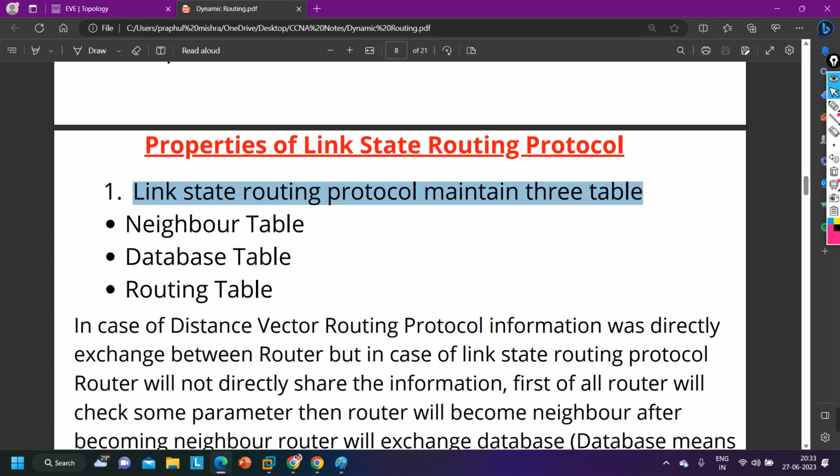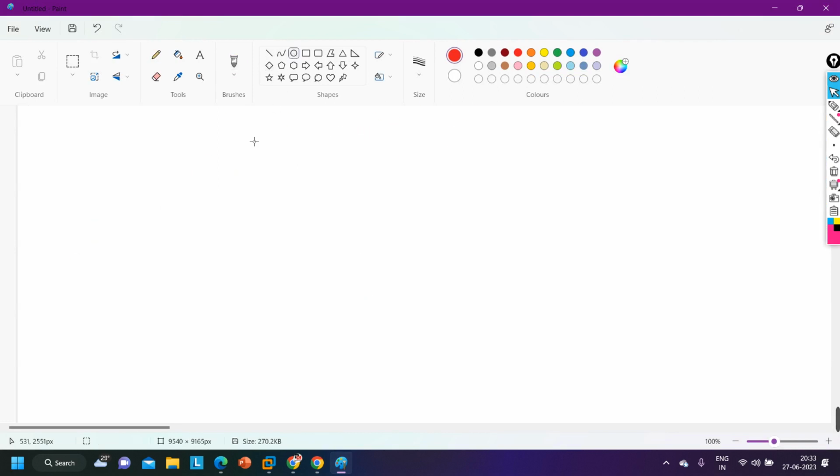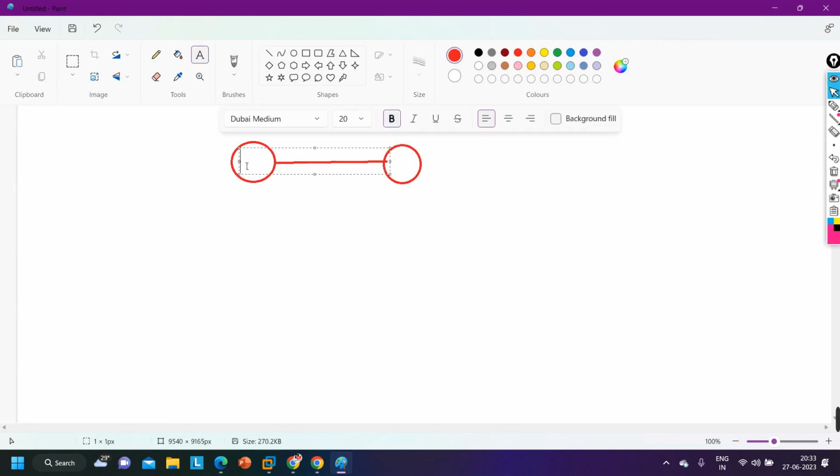Okay, so link state routing protocol maintains 3 types of table: neighbor table, database table, and routing table. When you configure the link state routing protocol on 2 routers, let's say here you have configured the link state routing protocol, first both routers will become neighbors. It will maintain one separate table for it.